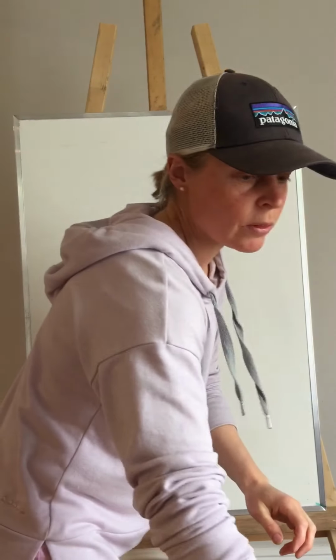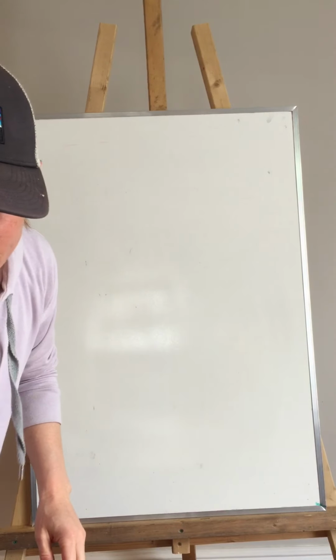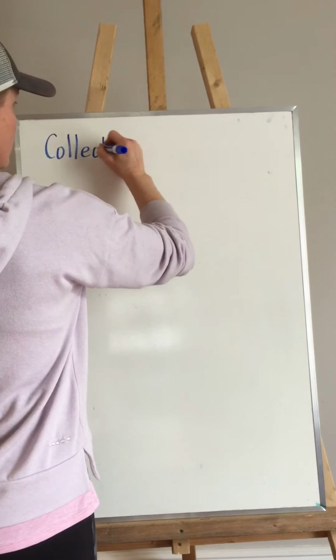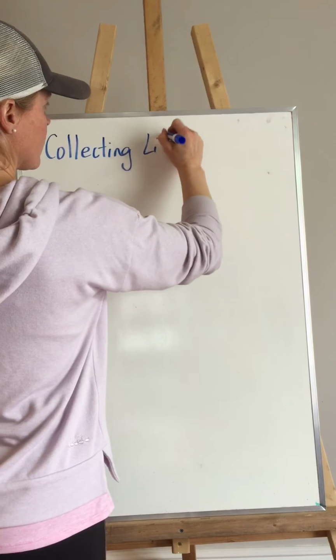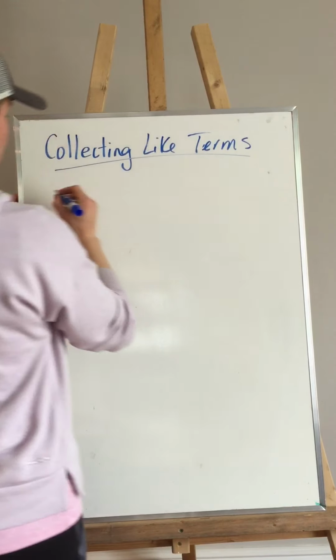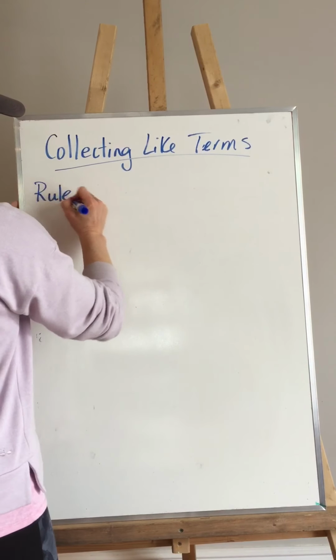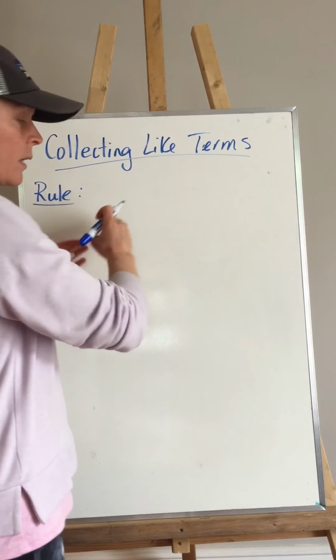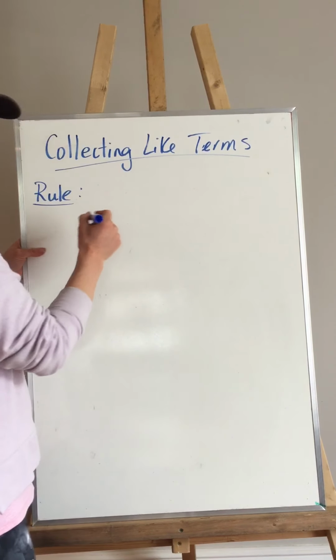Okay, so we'll start with collecting like terms. For each one, I've given you a rule that I think, if I write it down maybe in your notes, I think it will help you when you're answering the question.